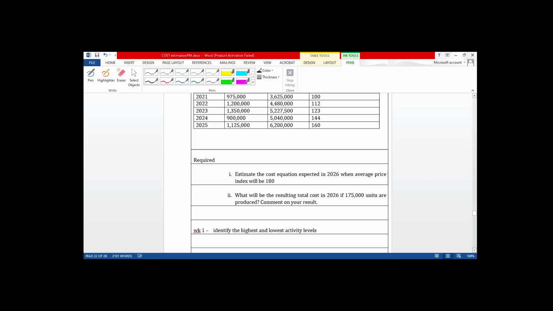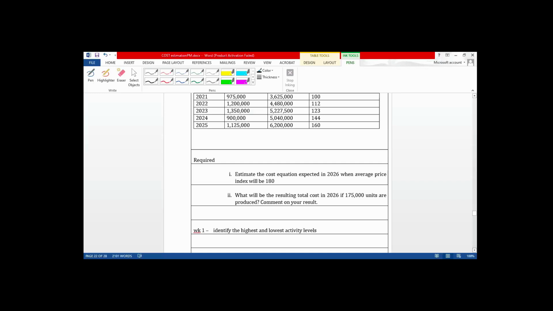Now, if you recall our explanation, we said inflation makes it difficult for you to compare cost between periods. Inflation in 2025 is different from inflation in 2024.